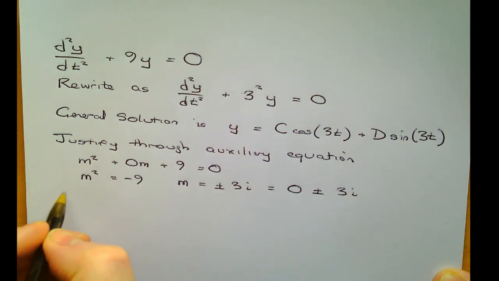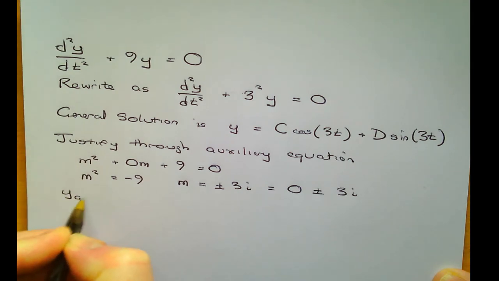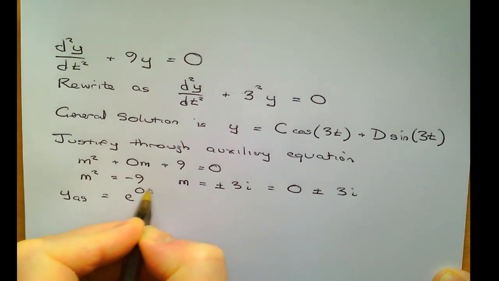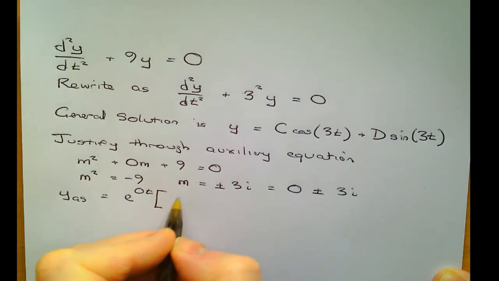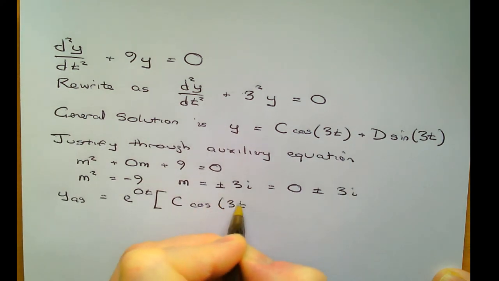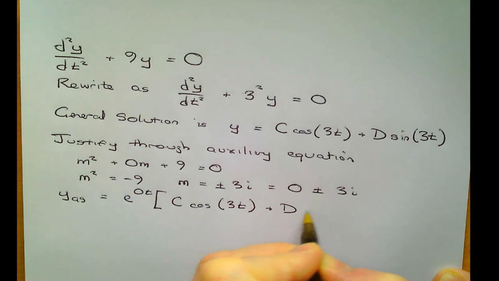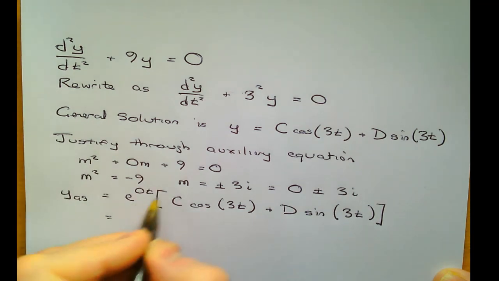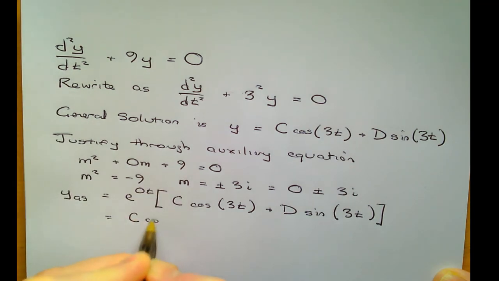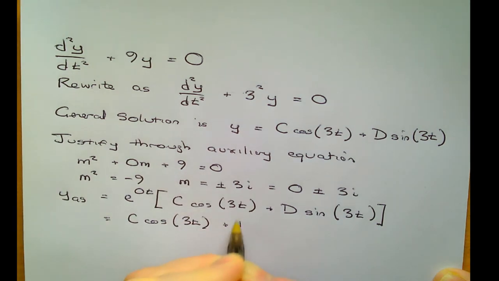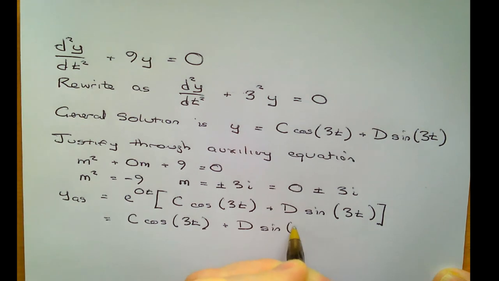So then we can say that the solution is e to the 0t, and then we'll have one constant times the cos of 3t plus another constant times the sine of 3t. And of course, e to the 0 is 1, so we're just left with c cos of 3t plus d sine of 3t.